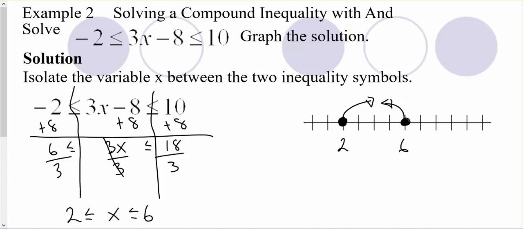So now what does this mean? This means that all my solutions are in between these 2 points, including the number 2 and including the number 6 because of the or equal to.